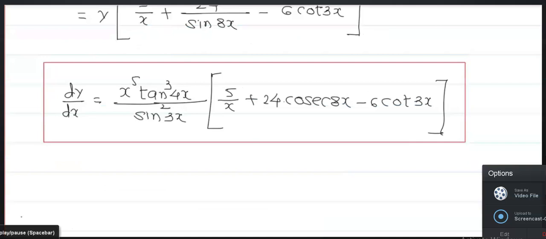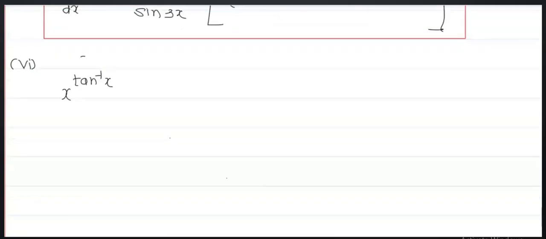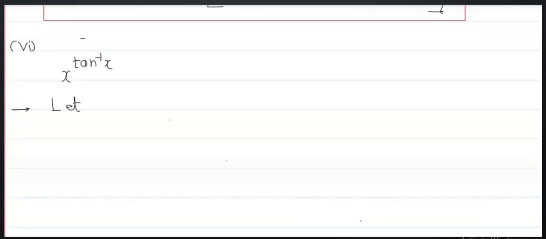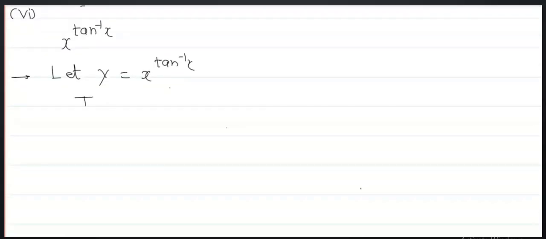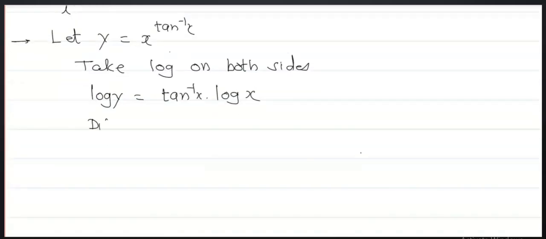Now next is the sixth one. y is equal to x raised to tan inverse of x. Now take log on both sides. Therefore, you will get log of y is equal to tan inverse of x times log of x. Differentiate this with respect to x.